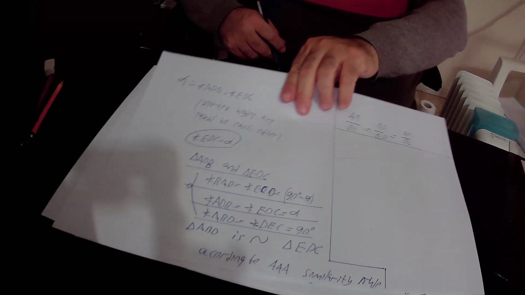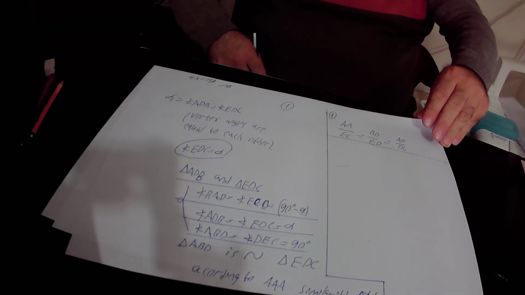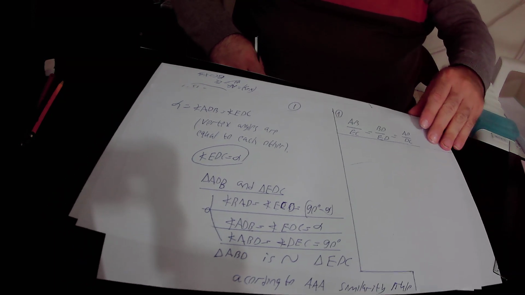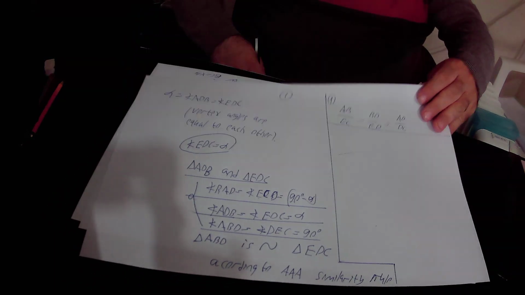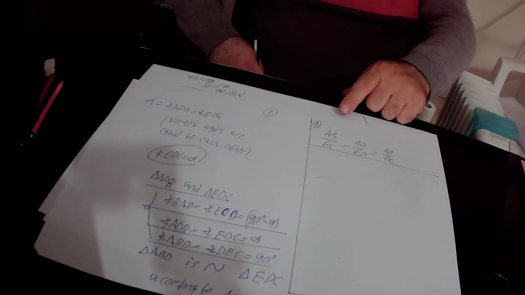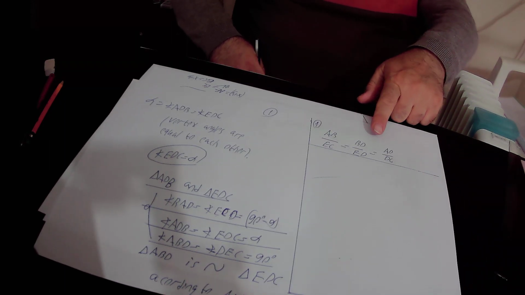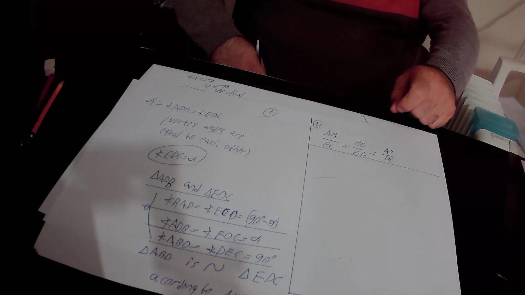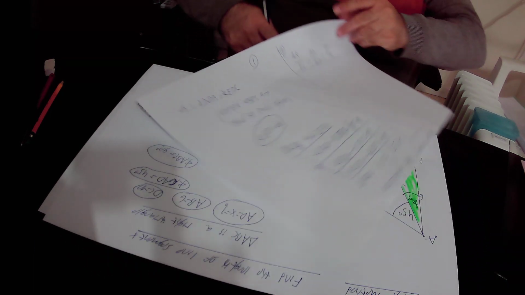I repeat again, from the fact that the right triangle ABD is similar to the green triangle DEC, we will conclude that AB over EC equals BD over ED, and it is equal to AD over DC. Okay?